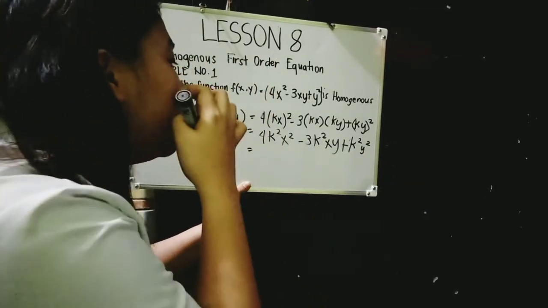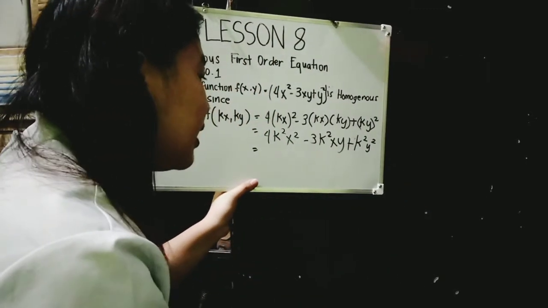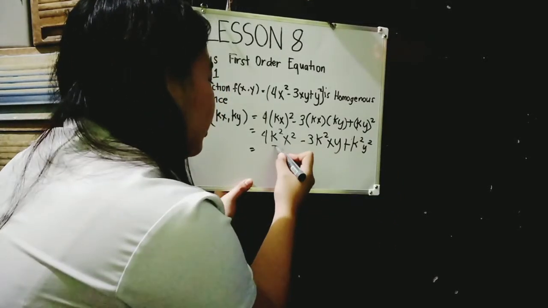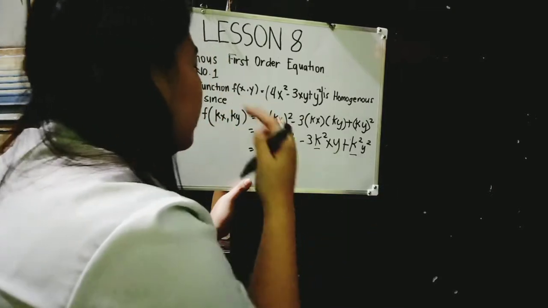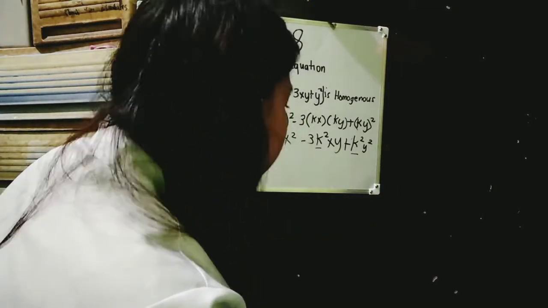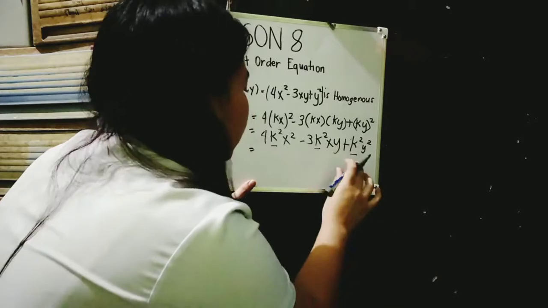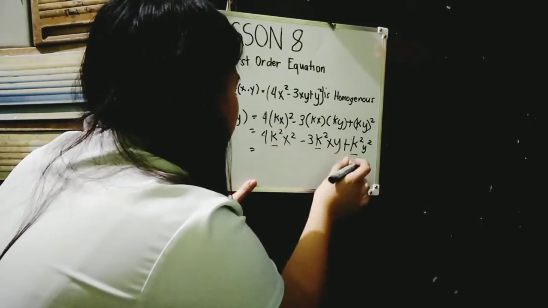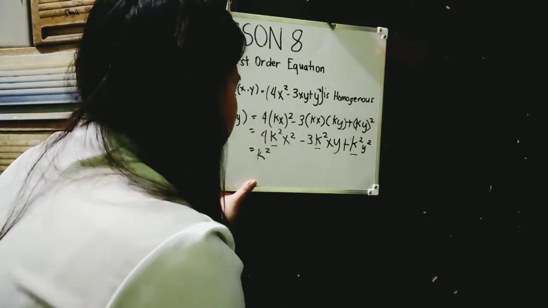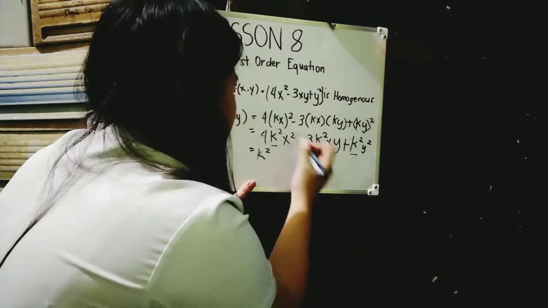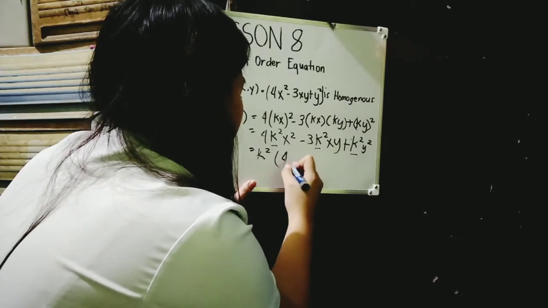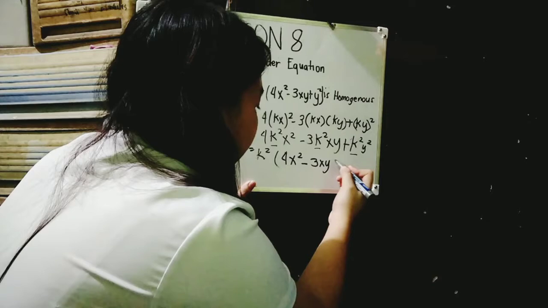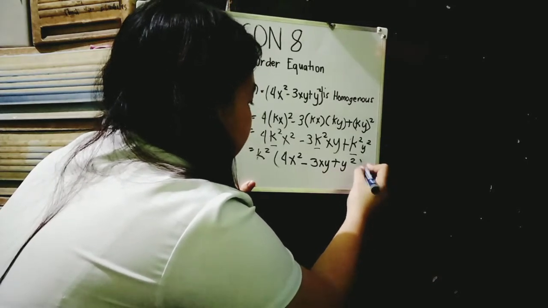So, ang susunod is, hahanapin natin sa kanila yung pagkakamukha nila. So, ang common sa kanila is the letter k. Ngayon, ang gagawin natin is, lalabas natin si k squared. So, magiging 4x squared minus 3xy plus y squared.